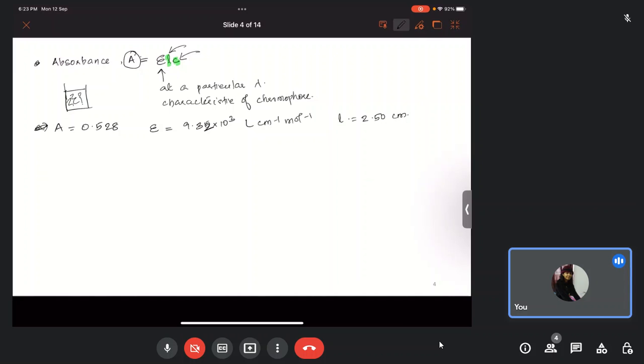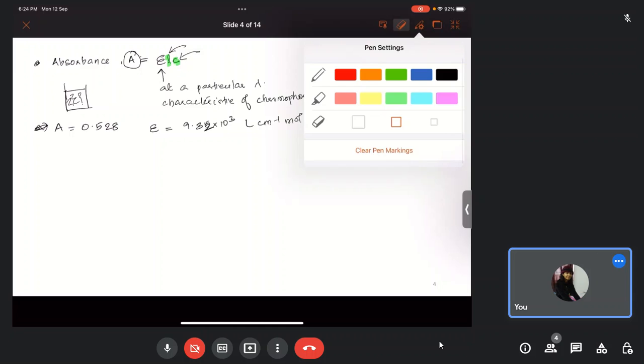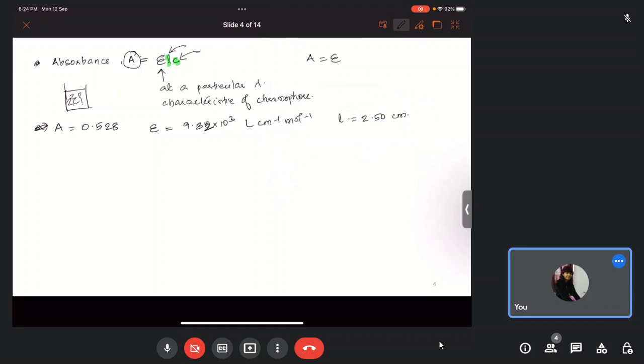Okay, so if your A is going to be constant and epsilon is also constant because you are using the same substrate, and if your L has increased, then your concentration should decrease in order to maintain the equality in the equation.